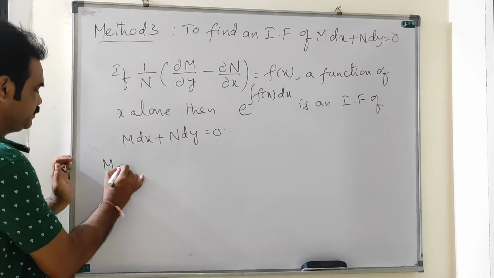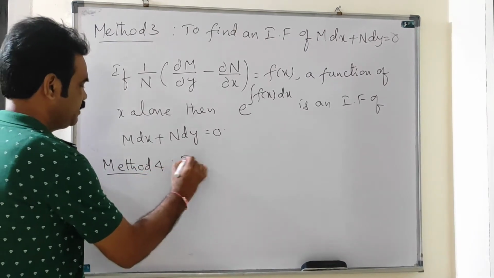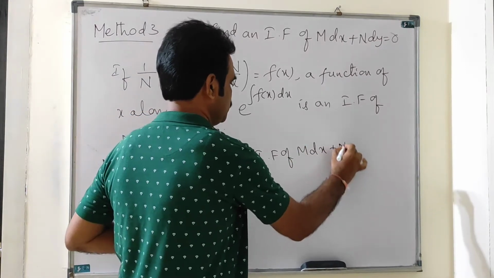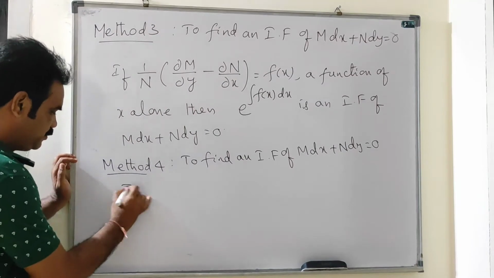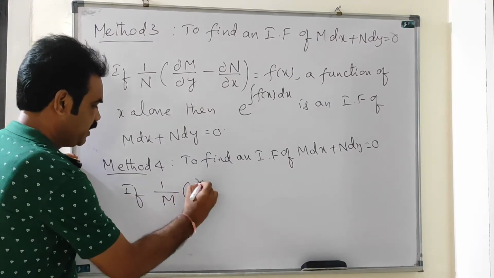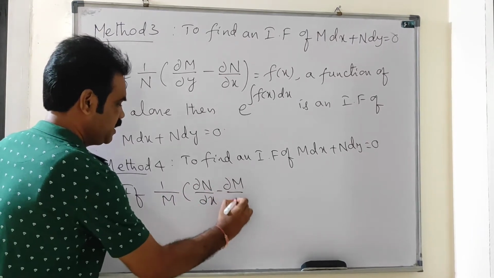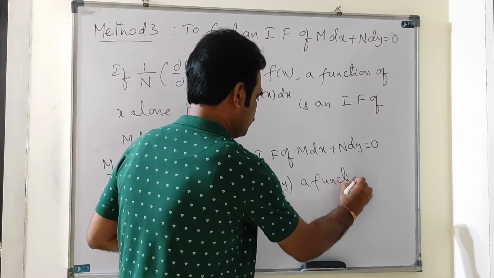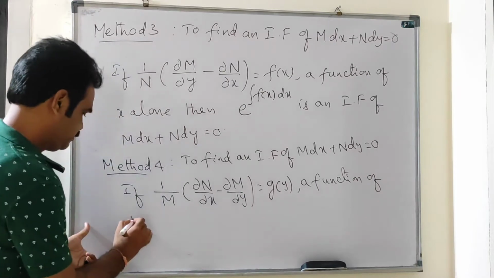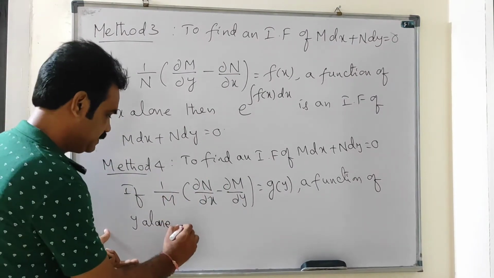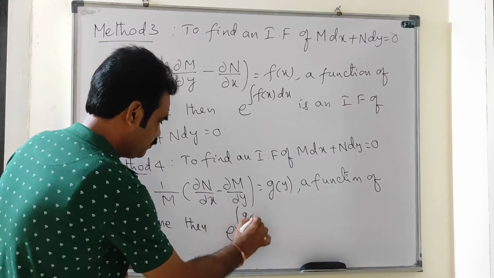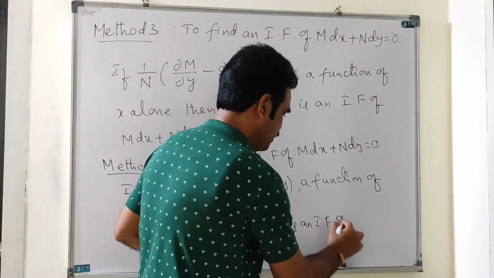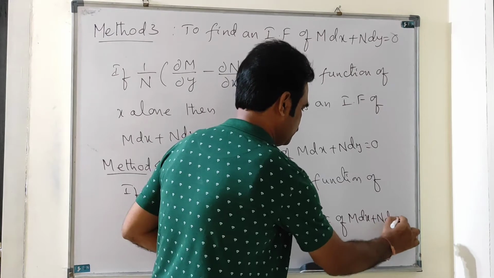Next, method 4. To find an integrating factor of M dx plus N dy equal to 0: if 1 by M into (∂N/∂x minus ∂M/∂y) is equal to a function of y alone, say some g of y, then e power integral g of y dy is an integrating factor of M dx plus N dy is equal to 0.